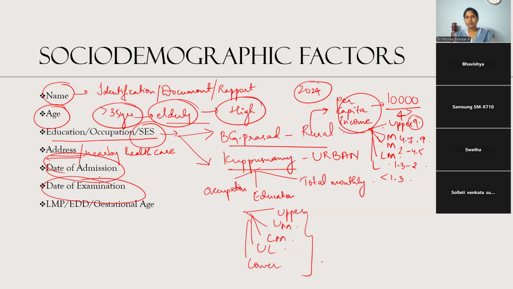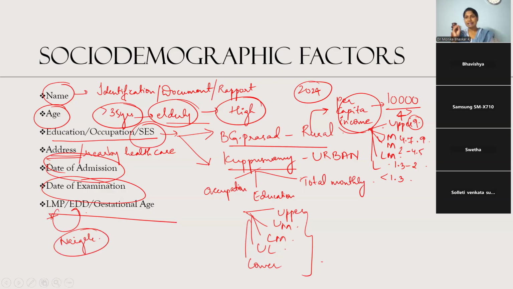Next comes the characteristics of the last menstrual period. What is the last menstrual period? It is the first day of the last menstrual period, LMP, and then we compute the expected date of delivery by Naegele's formula. What is Naegele's formula?